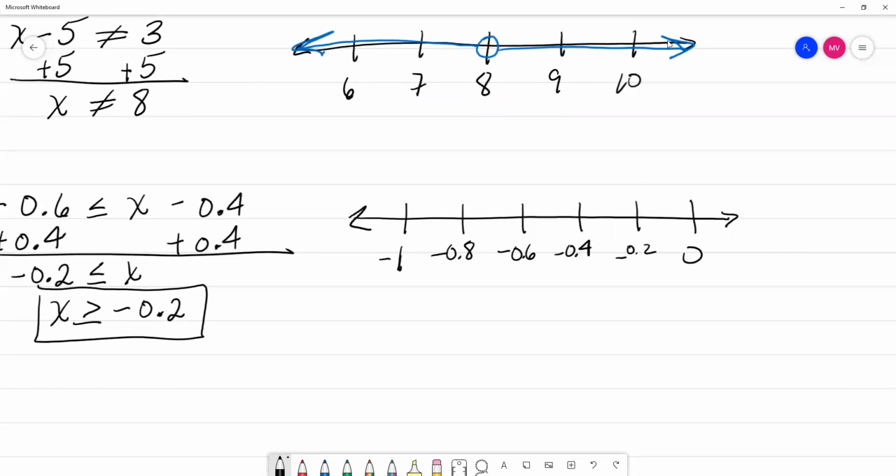All right, so we start at negative 0.2. What kind of circle do we have? Right, we've got a closed circle. I don't know why that negative is below the 0.2, but we understand that's negative. And what direction do we go in? Right, x is greater than or equal to negative 0.2.